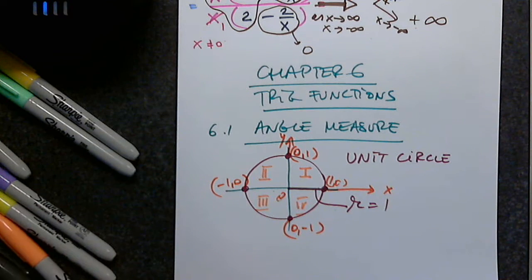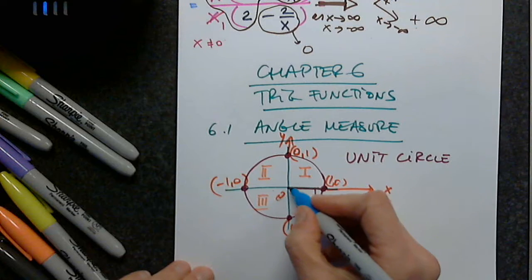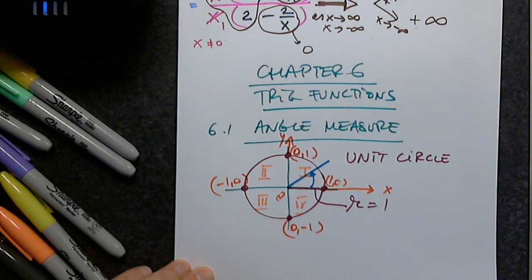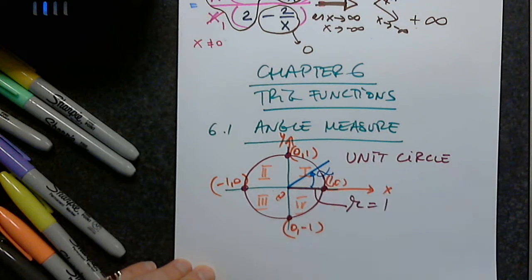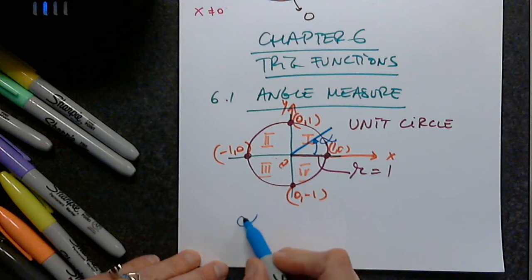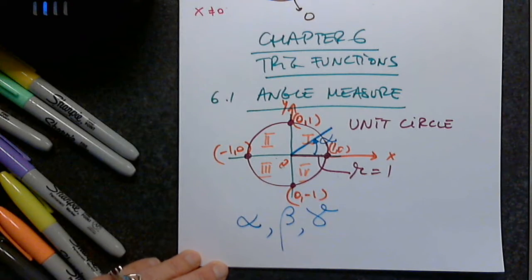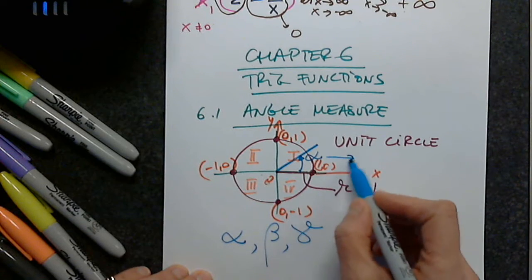And as they did it many years ago, they considered a positive angle going counterclockwise on the unit circle, or any circle actually. So this is called angle alpha. We're going to use Greek letters a lot, like alpha, beta, gamma, and so on. So this is a positive angle.